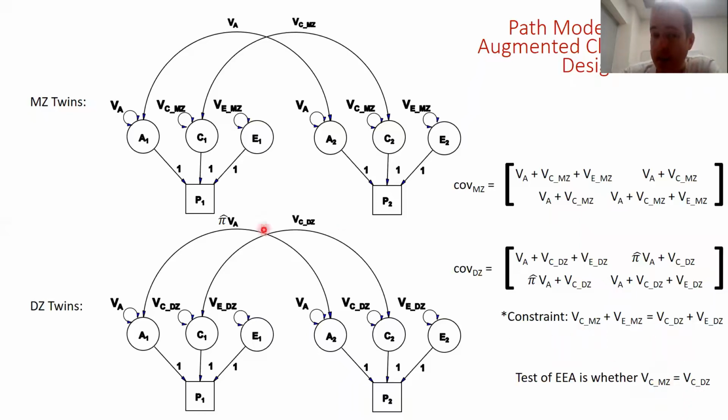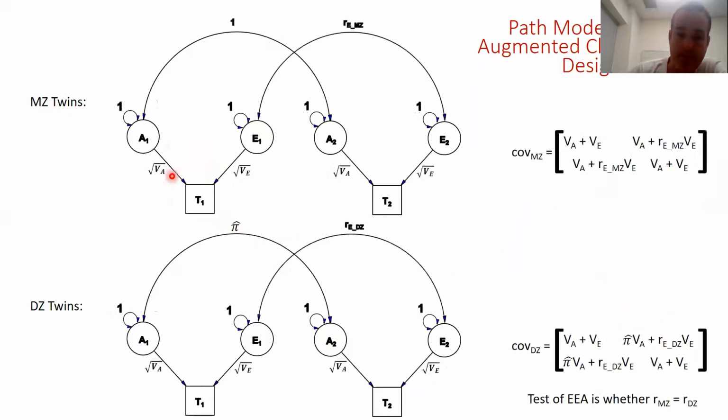So basically, in summary, by including empirical information on the IBD status of the DZ twin pairs, we've got ourselves an extra degree of freedom, and we're using it to estimate different environmental variance components in MZ and DZ twins.